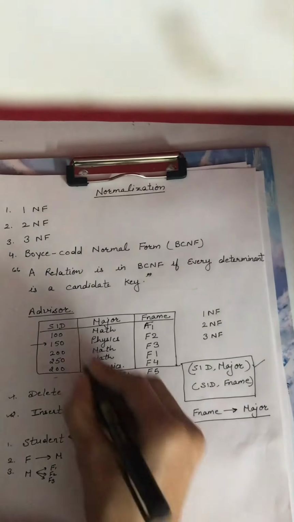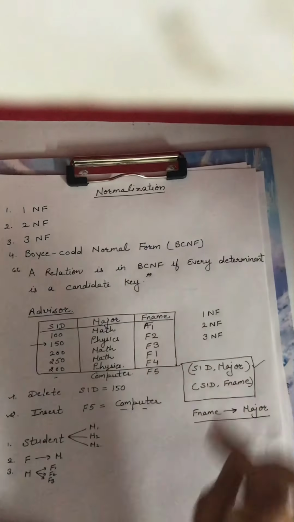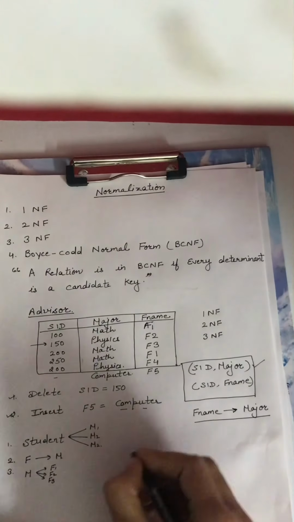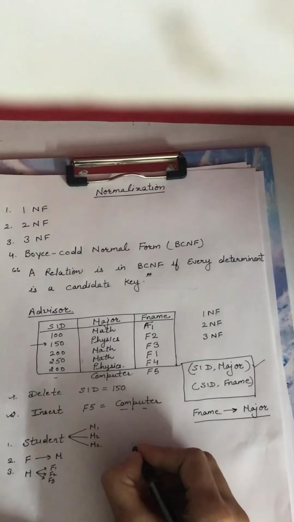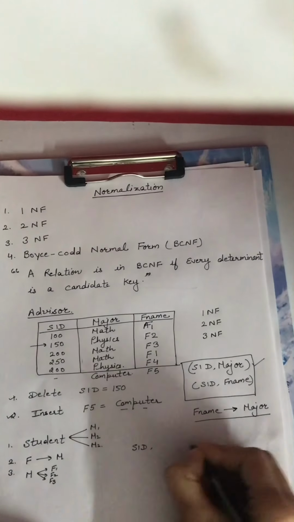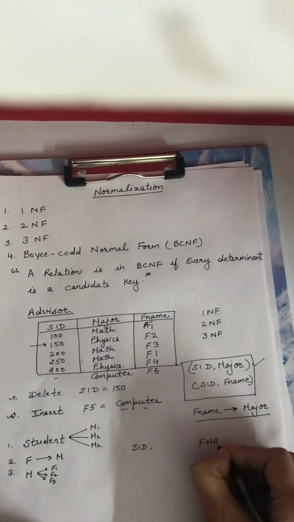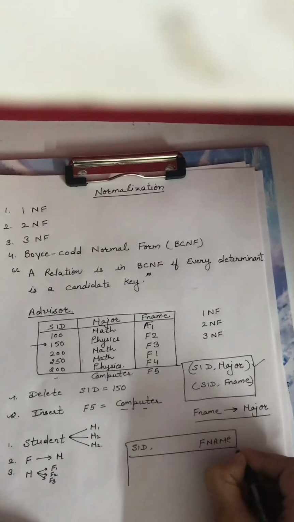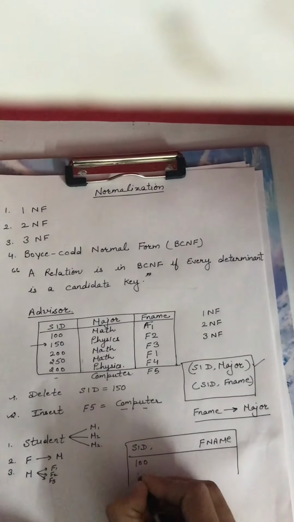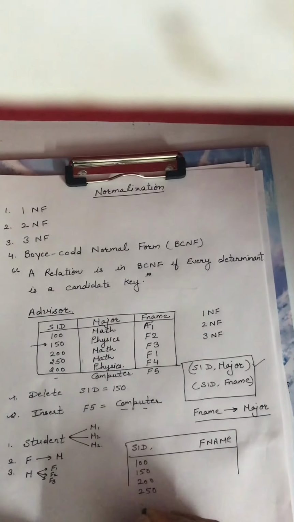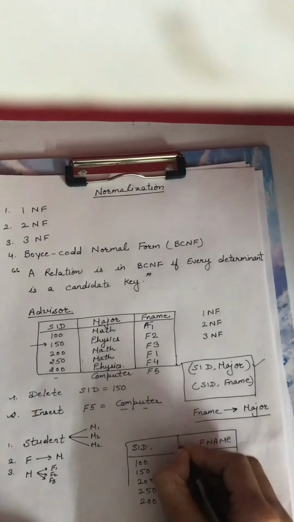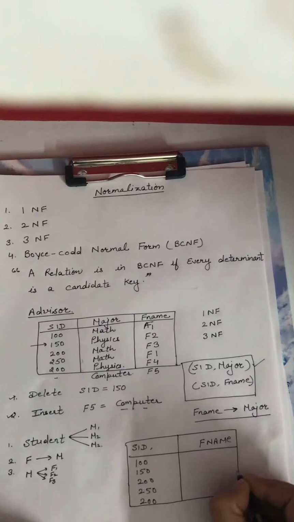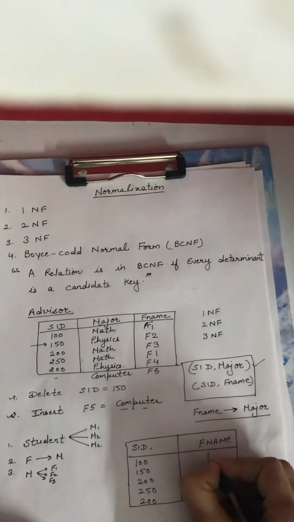That's why we break this relation according to these criteria. We divide this into SID and F name. All student IDs we will involve here, and corresponding to them the faculty name we will write under this attribute.